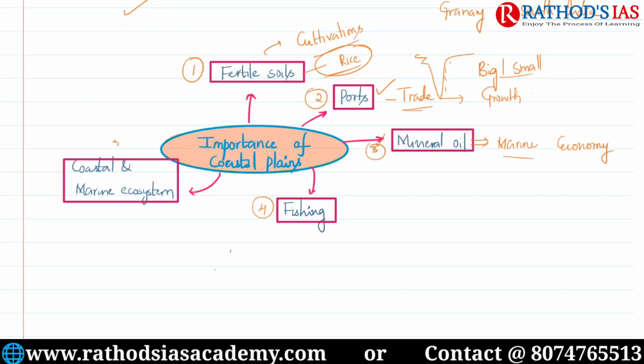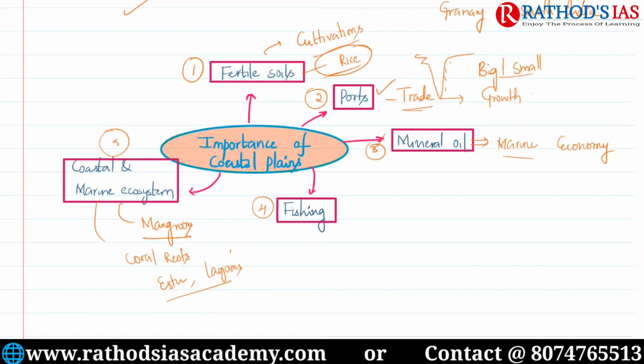One more important thing regarding the coastal plains in India is that they are rich in coastal as well as marine ecosystems. We have mangroves, coral reefs, estuaries and lagoons, which serve tourism potential.